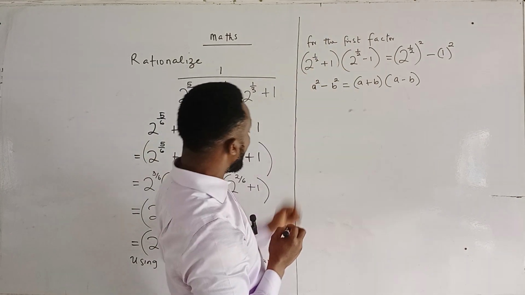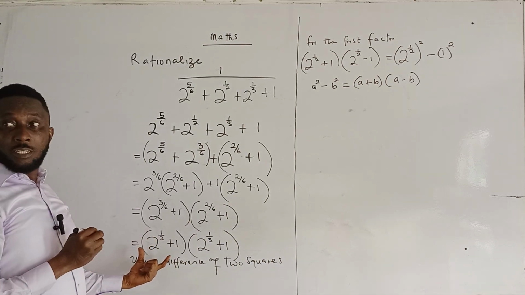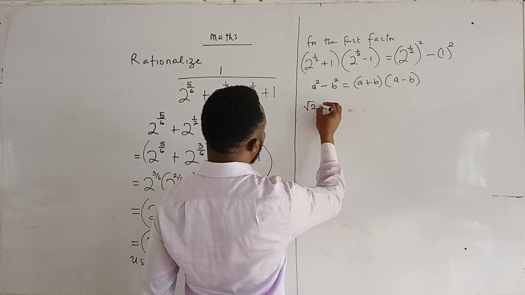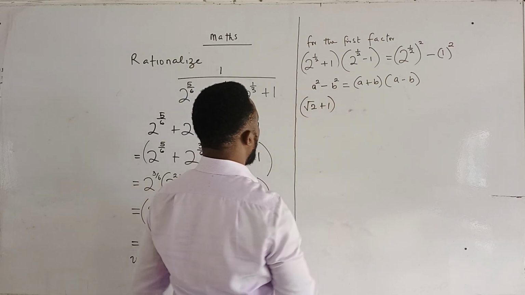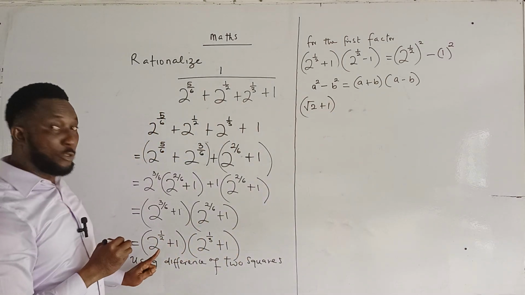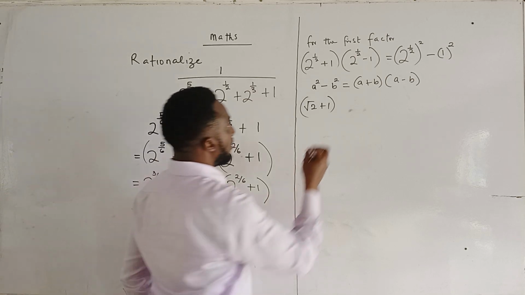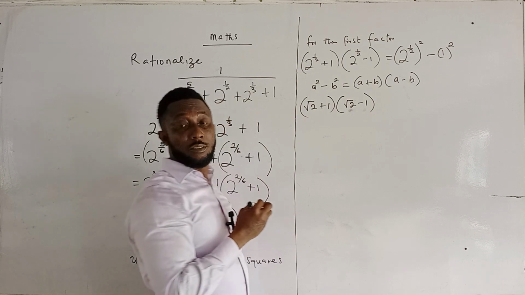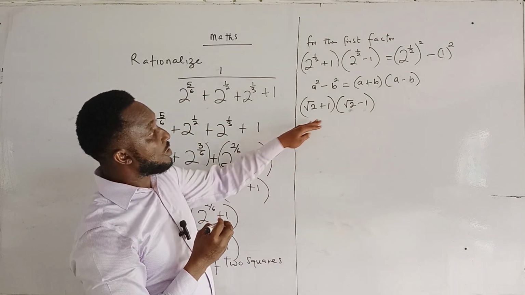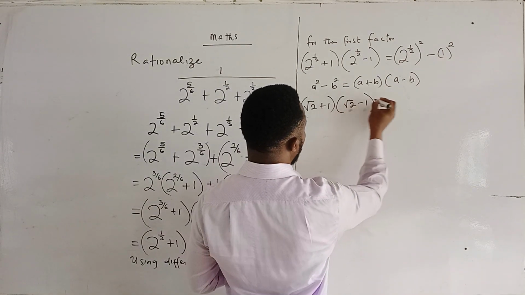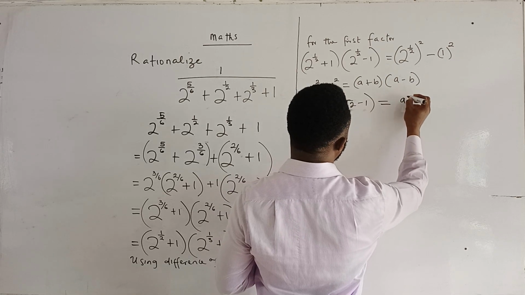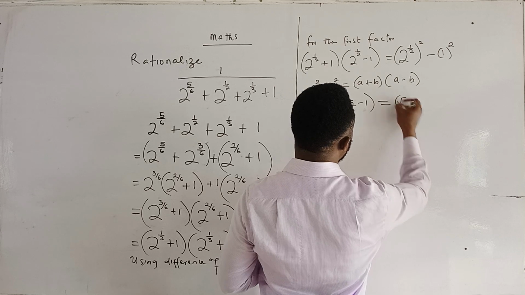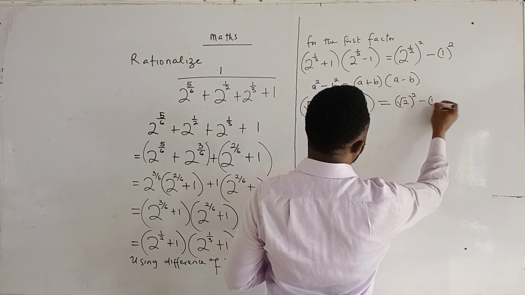If I were to write this first factor in the radical we know, that would have been root 2 plus 1. Then the conjugate of this is going to be root 2 minus 1. And if I multiply a surd with its conjugate, like the one we are having here, we are going to be having difference of two squares. So this is going to be root 2 squared minus 1 squared.